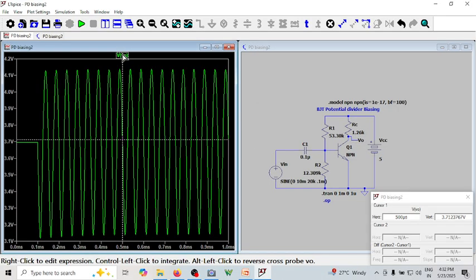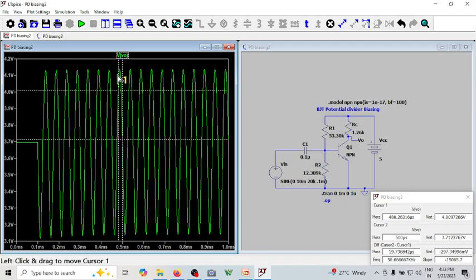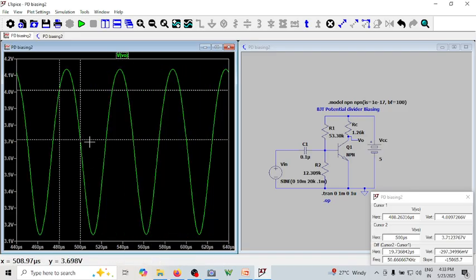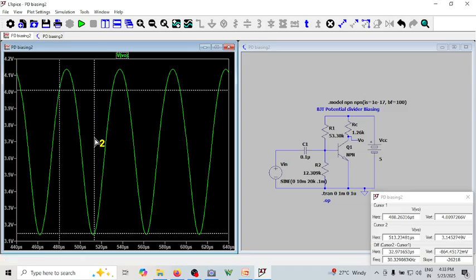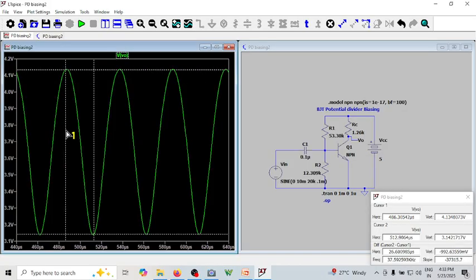The input peak to peak is 20 millivolt. Let me measure the output peak to peak. Let me zoom out. This is the minimum, and let me keep this at maximum. How much is the vertical difference?